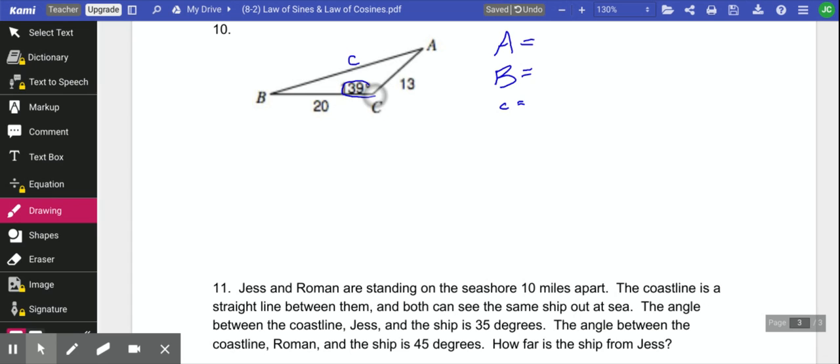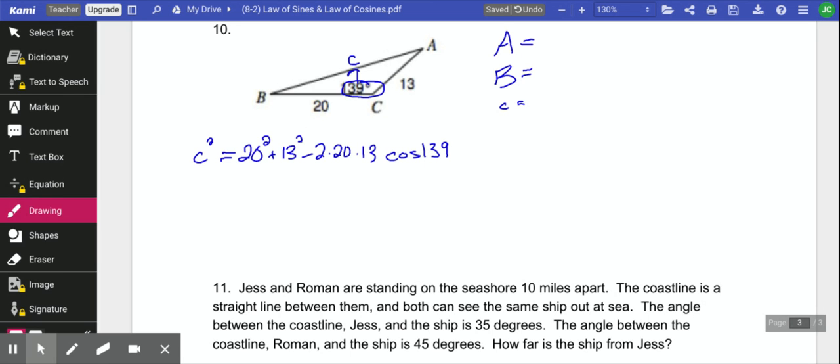In the law of cosines, that's the only angle we know, so that has to go here, cosine of 139. And then all the way at the other end is the side opposite of it. So that makes the other two sides, the A and B, so 20 squared plus 13 squared minus 2 times 20 times 13.